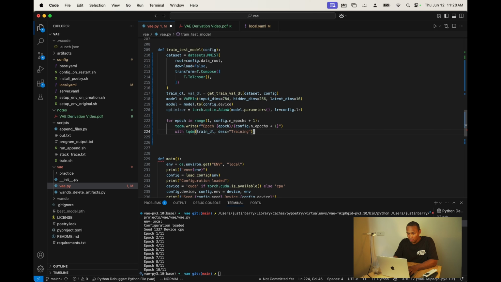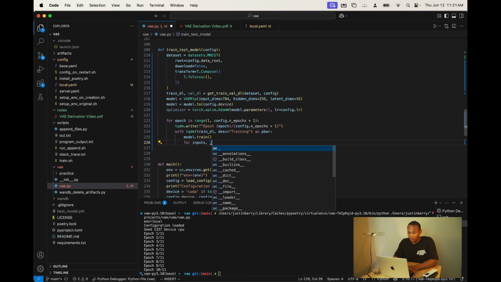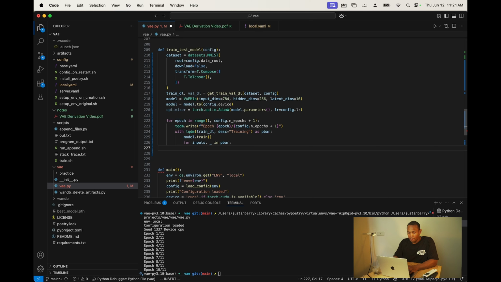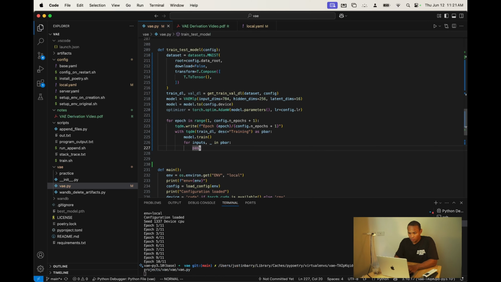Training. So with tqdm as pbar, so it's going to be our progress bar, we'll put the model.train for inputs. Now this is a generation task, so our ground truth labels are going to be the actual data, so we don't actually need labels. We're going to use the inputs as labels. So in pbar, just run that.